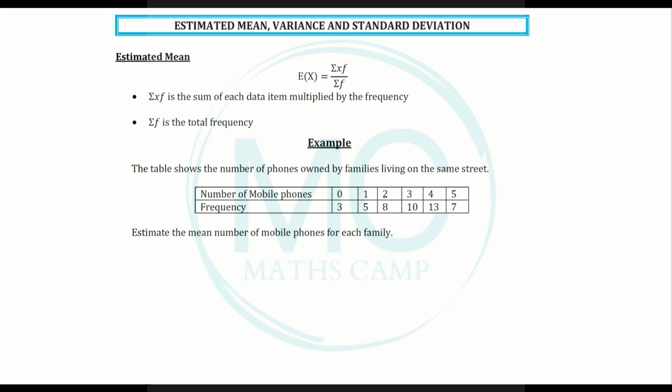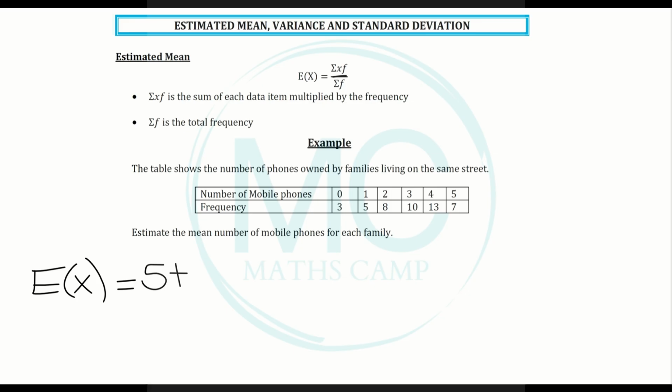So I can say the estimated mean, E(X), is equal to sigma xf. I need to multiply the number of phones by the frequency and then add these values together. 0 multiplied by 3 gives me 0. I don't need to consider that. 1 multiplied by 5 gives me 5.